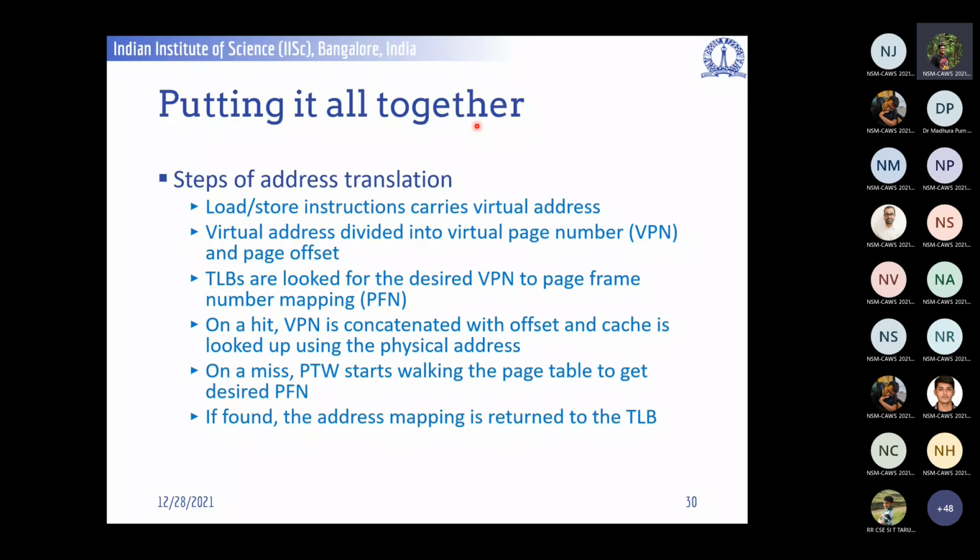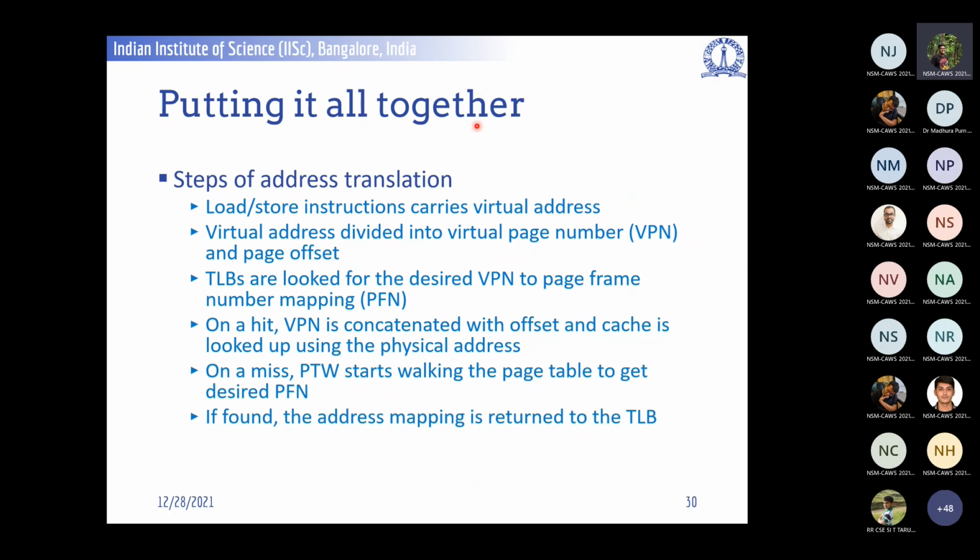This is control register 3. CR3 for x86 points to the root of the page table, and using that, the page table walker will walk the page table. It knows the data structure because it is part of the ISA specification.